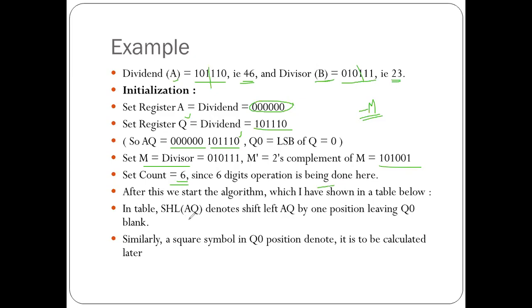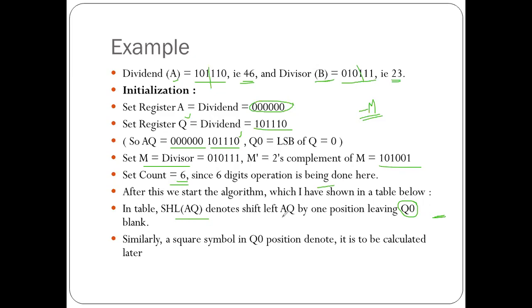So in the initial table, first we need to shift AQ, leaving the new value of Q naught as blank. After shift left, we will leave the Q naught value as blank.